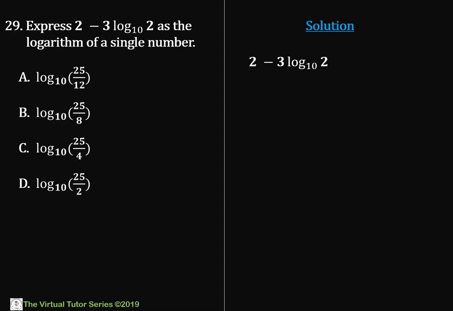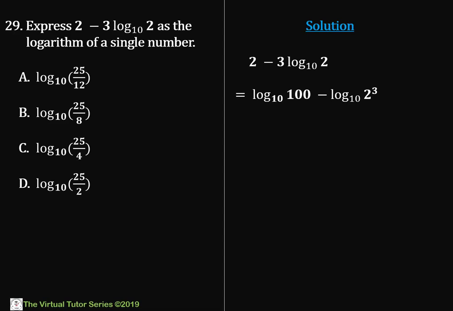So we can rewrite the expression as log 100 to the base 10 minus log 2 exponent 3 to the base 10. Subtraction of two separate logs can be expressed as a single log by dividing the first number by the second number.